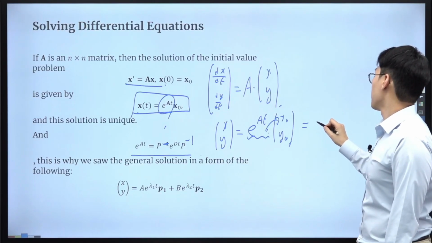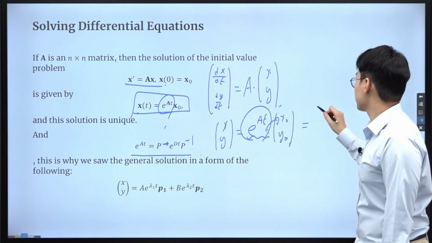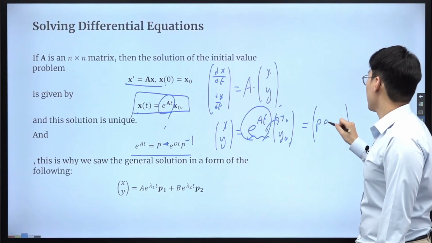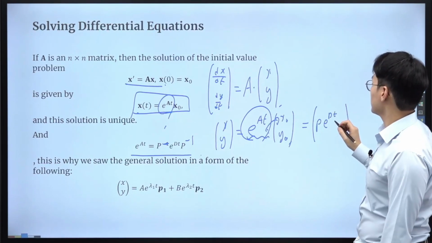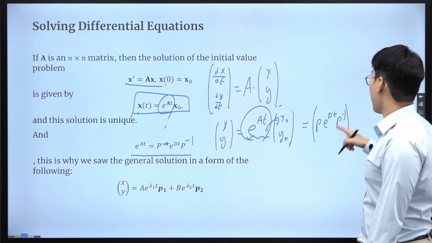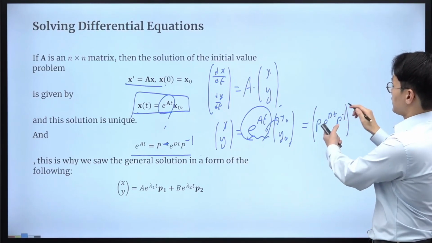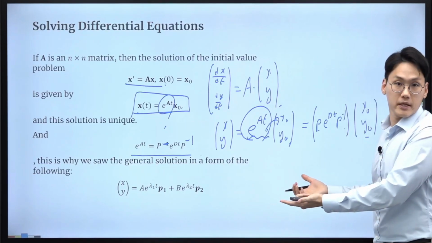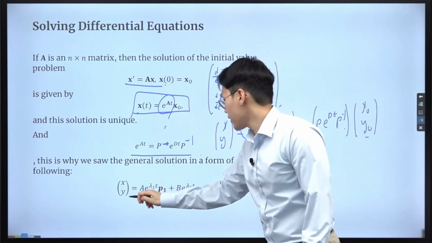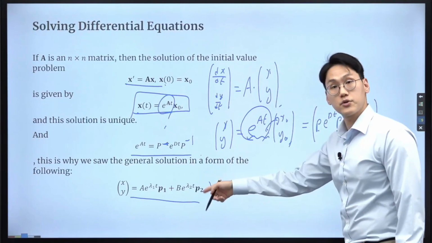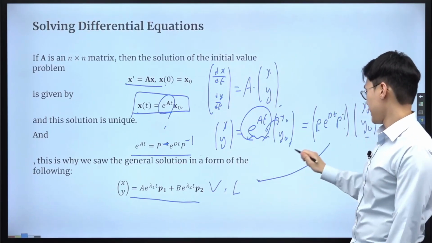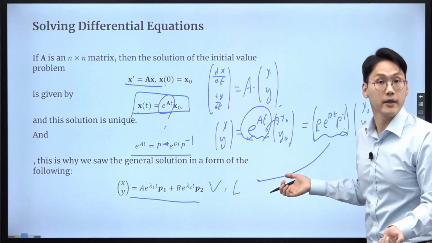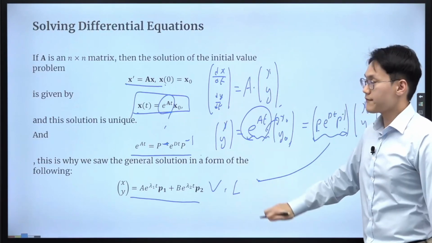It's described by P e to the power of Dt P inverse, multiplied by x naught and y naught, where the P matrix is made out of the eigenvectors. If you expand them out, you can see such a general solution would come out. After doing this as a 2x2 matrix and taking the linear combination, we're good to go. So it's not that bad. It's definitely derivable.